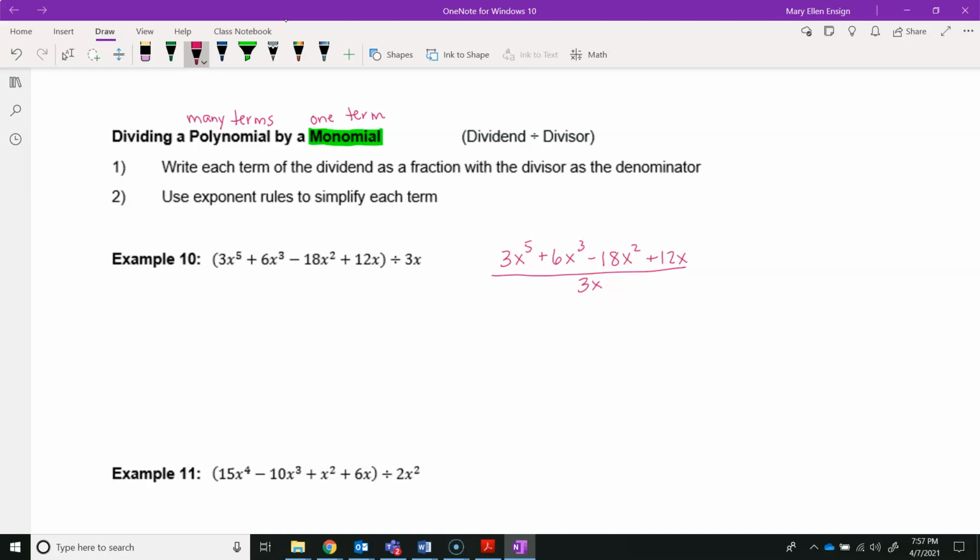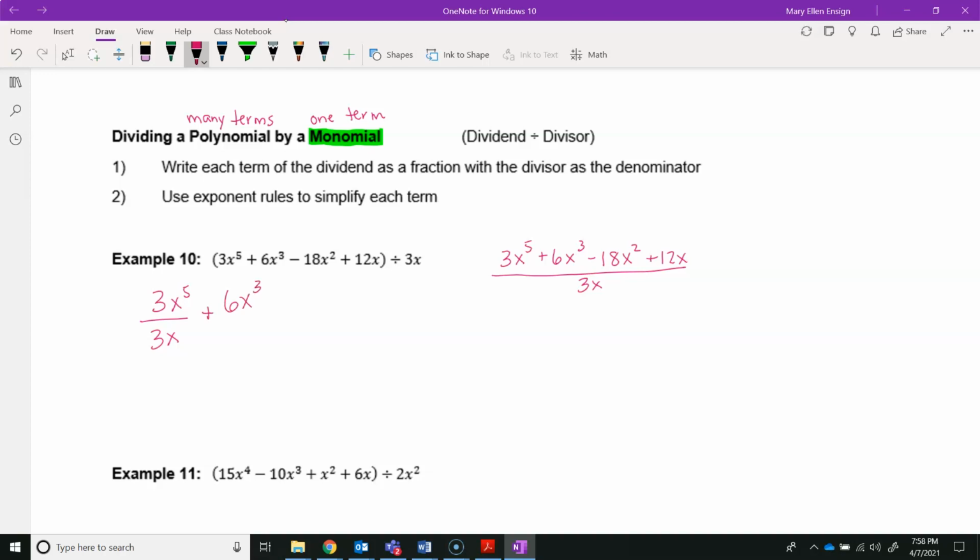But so that we can actually work with it, we are going to write the top polynomial as separate terms, each separate term written over that 3x. So instead of one big fraction, it's going to be split into separate fractions.